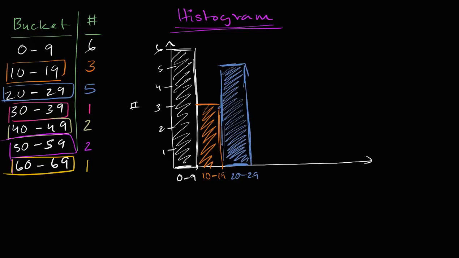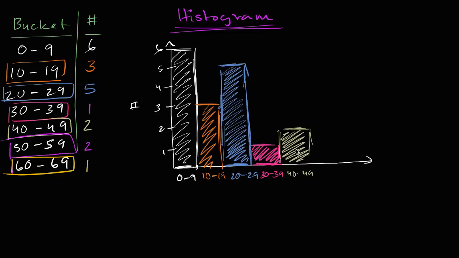All right, then 30 to 39. I'll try to write smaller. 30 to 39, that's going to be this bar right over here. We have one person. And then we have 40 to 49. We have 2 people. So it looks like this.